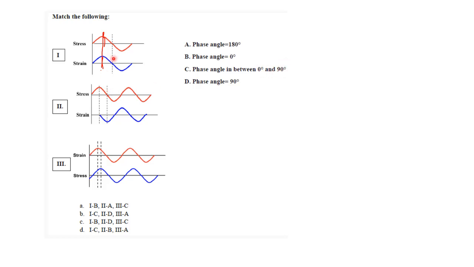So if I match it, the first is the phase angle 0. That is 1B. Here 1B is coming in the options. Then the second one is the phase angle 90 degrees. Why is it 90 degrees? Because from here to here it is 180 degrees.